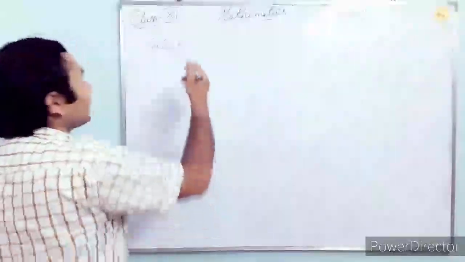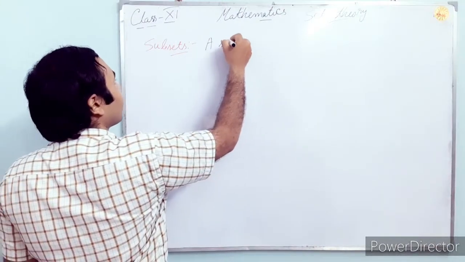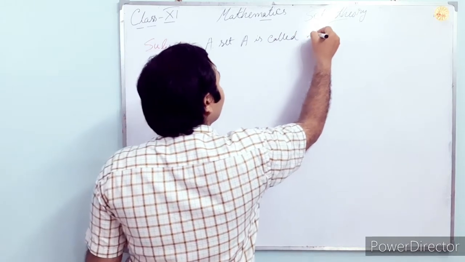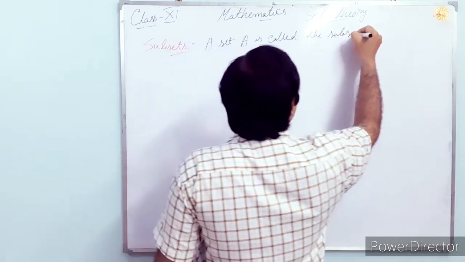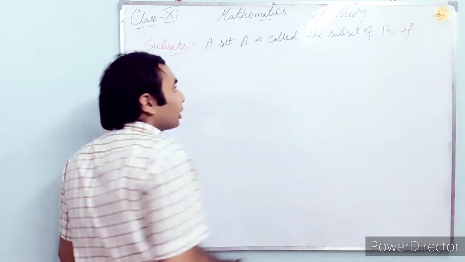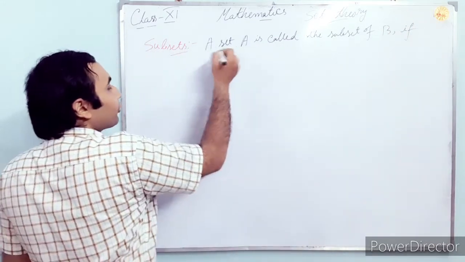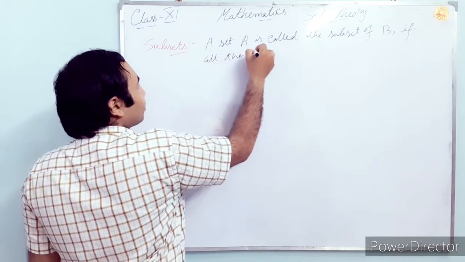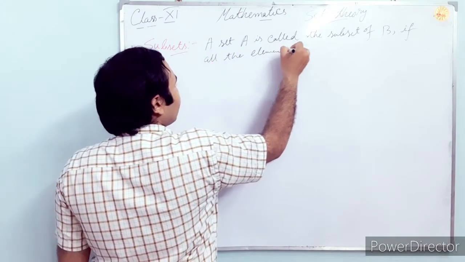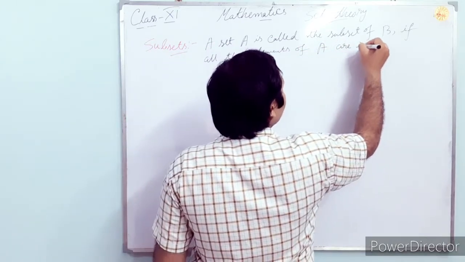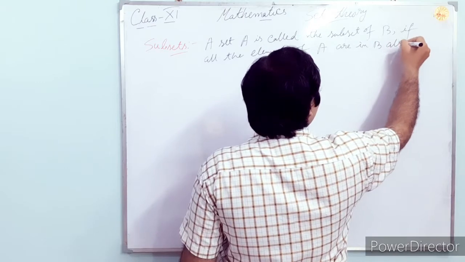A set A is called the subset of B, if B is another set, only if all the elements of A are in B also.